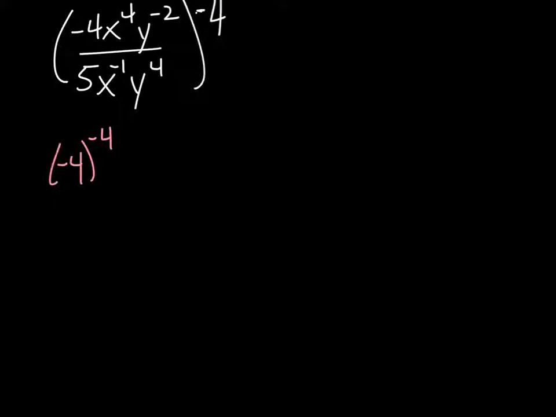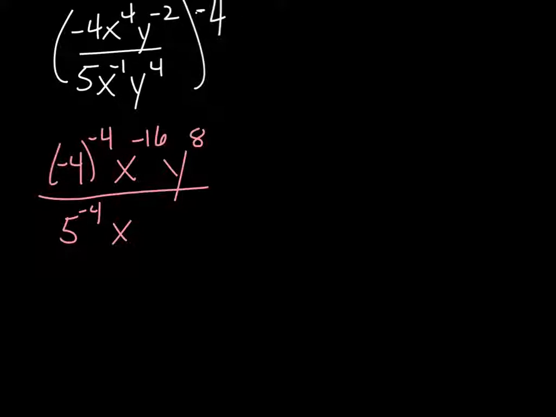Okay, and then we'd have x to the, makes it a lot bigger. 16. So -16, right? So now you're just going to get bigger numbers, and so then it would be y to the, over 5 to the -4. x to the -4, and then -16.